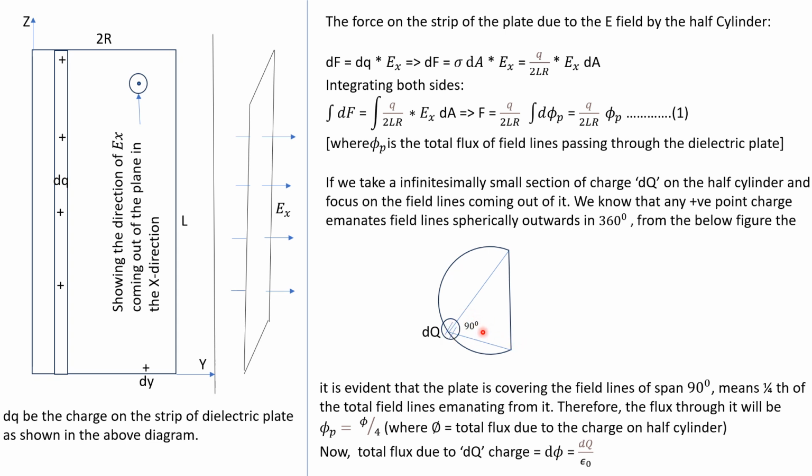By geometry we know this. But this charge dq is emanating field lines in all 360 degree directions, and 90 degrees is 1/4 of 360 degrees. So only 1/4 of the lines will pass through the plate.